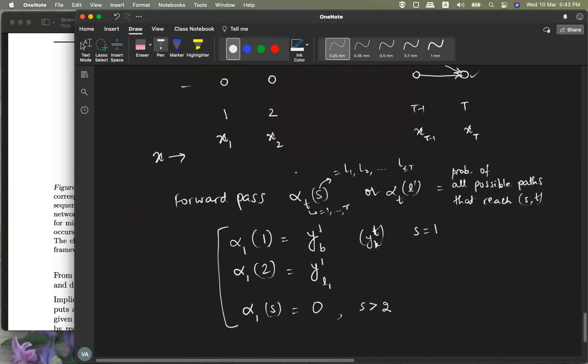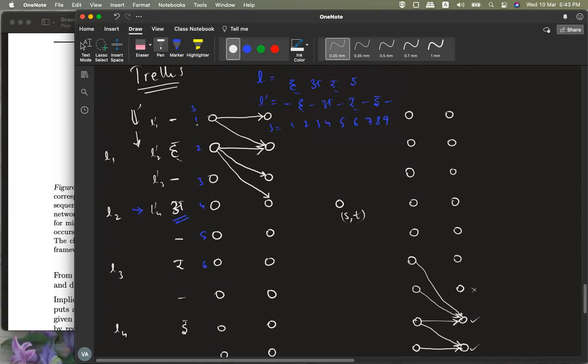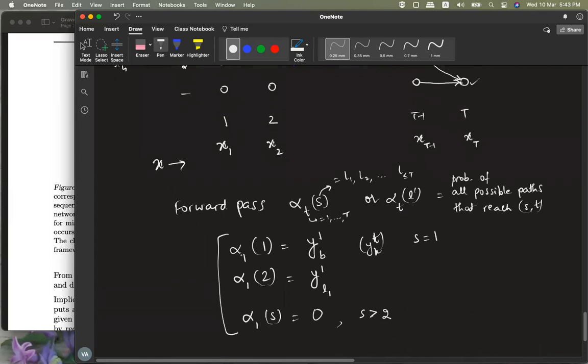So how do we compute? Let us start from this particular t equal to 1. We start from here, then I cannot start from here, right? I can start either from her or the blank before her, so that at least once the her will come into the picture in the path. So let us say if I start from s equal to 1, then what is my initial weight? At t equal to 1, s equal to 1, my weight is simply y. So you remember y_k^t. So k is the blank symbol and t is 1. So y_b^1, right?